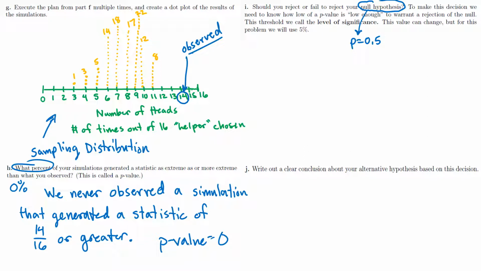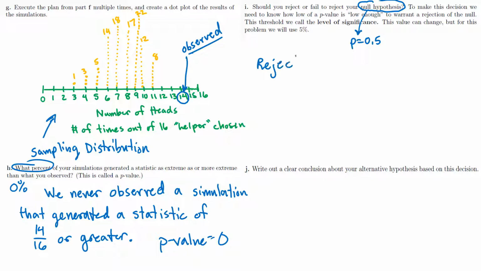And that just means if the null were true, we wouldn't expect to see samples like ours at all. So either something happened that we really don't expect to happen much at all, and in fact it never happened when we tried to simulate it, or the null hypothesis was false. And so what we do is we look at this p-value, and anytime it's less than 5% or 0.05, that's when we say the most reasonable thing to do is to reject our null hypothesis.